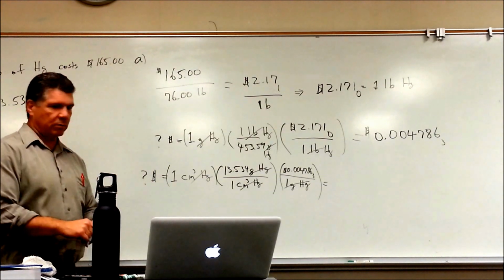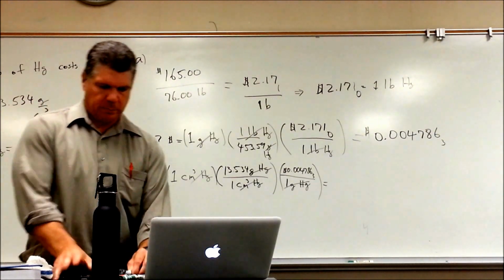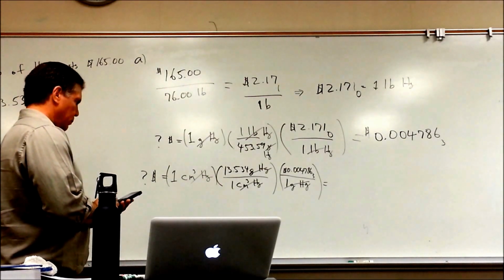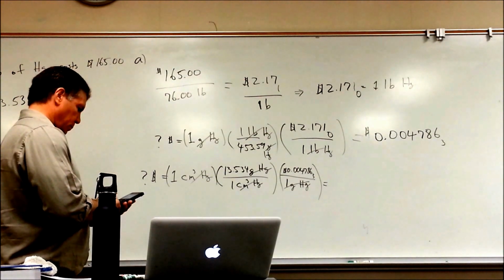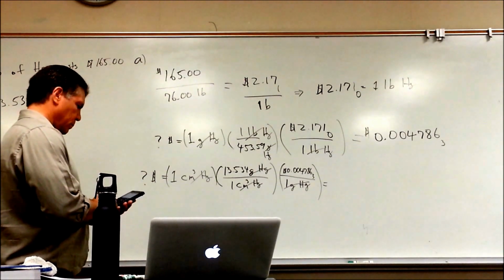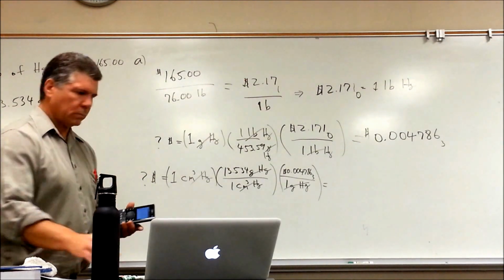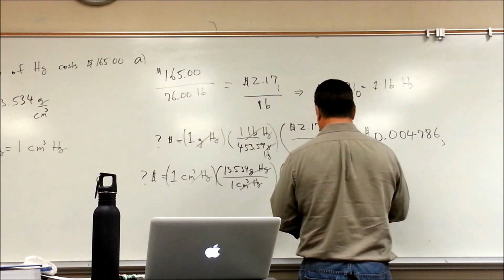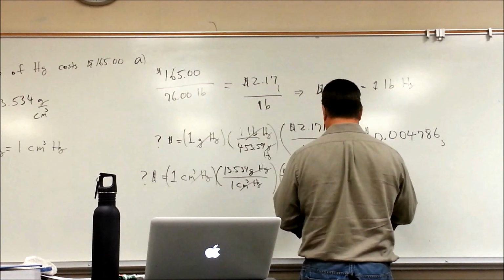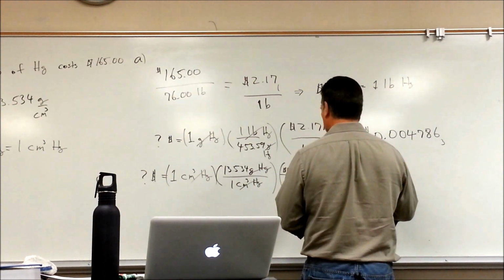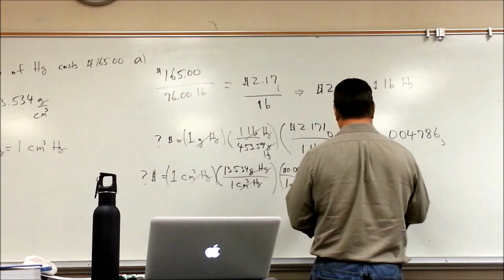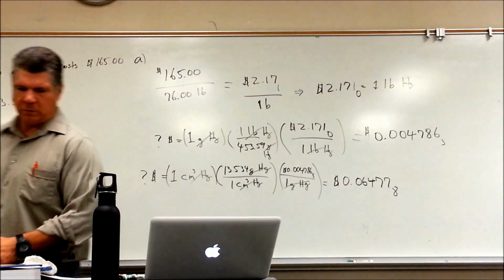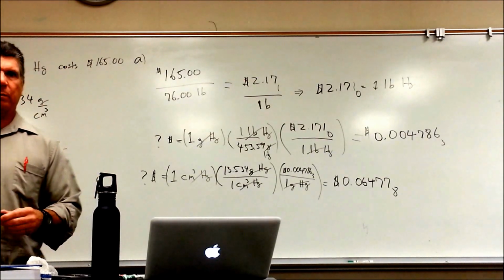I have the units that I need, which is dollars. About 65 cents, just under 65 cents per cubic centimeter or per milliliter, right?